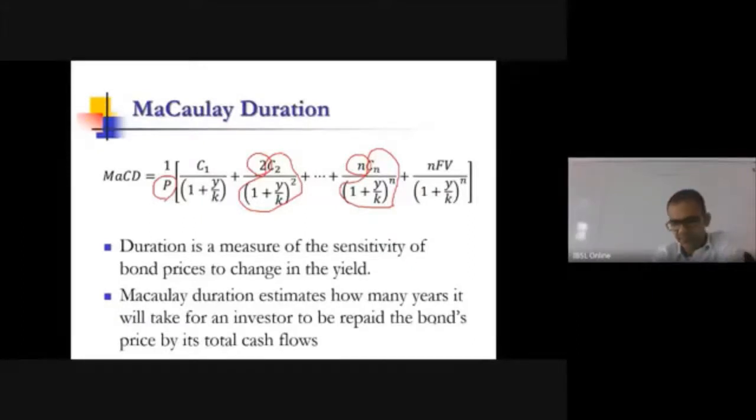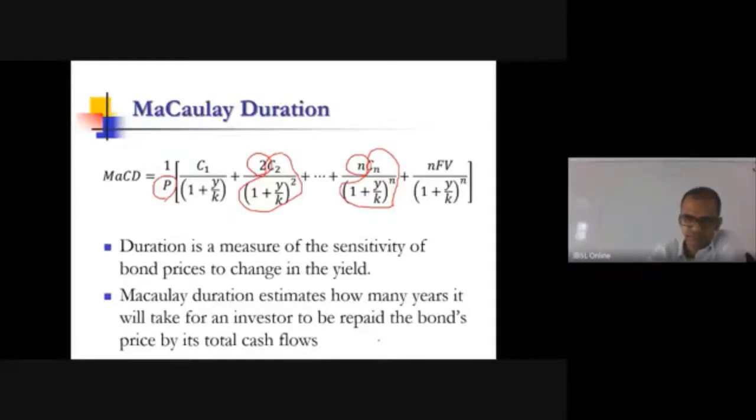But practically speaking, we won't use this definition very much. Instead, we'll discuss another definition of duration called modified duration. It is very easy to interpret and there's a practical meaning to it.